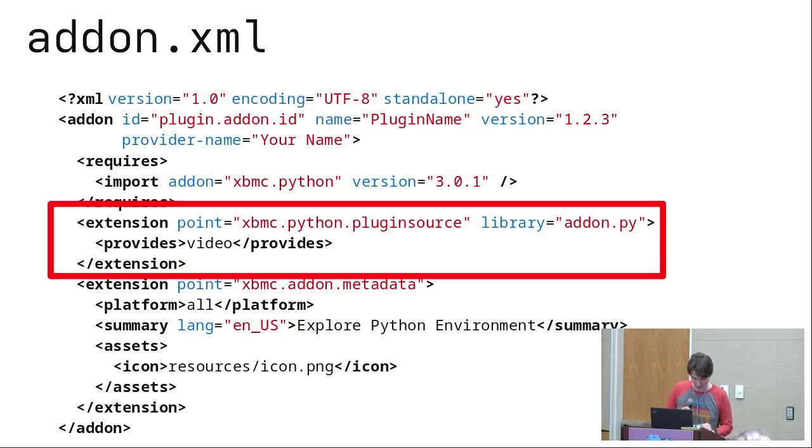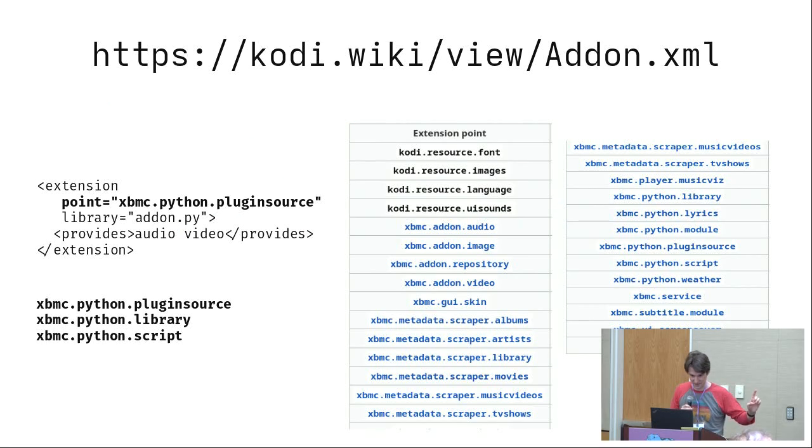So here's the actual extension. This is the important bit. You can have multiple of them per add-on, and we'll zoom into this. You can learn more about this in the addon.xml page on the wiki.